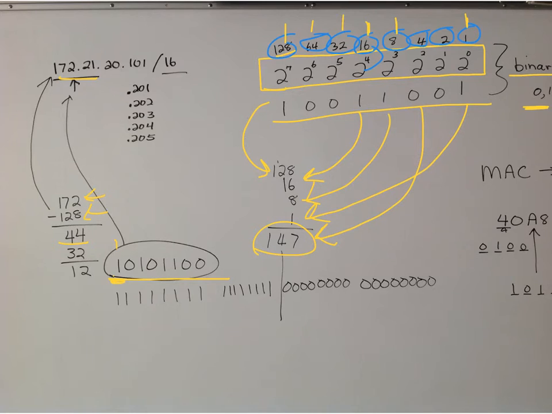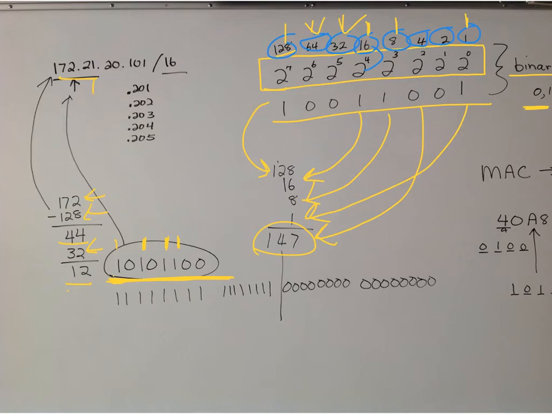But you can take a 32. So then we took 32 out of there, and that's this one group of 32. Then we ended up with 12, and this is one group of 8 and one group of 4. 8, 9, 10, 11, 12. So this is the binary representation.